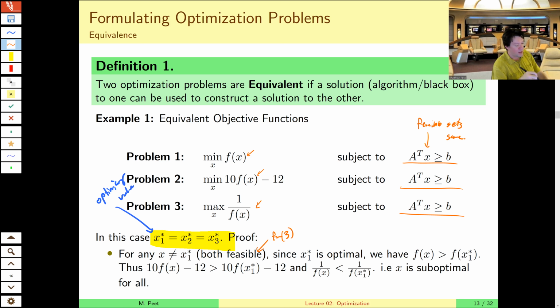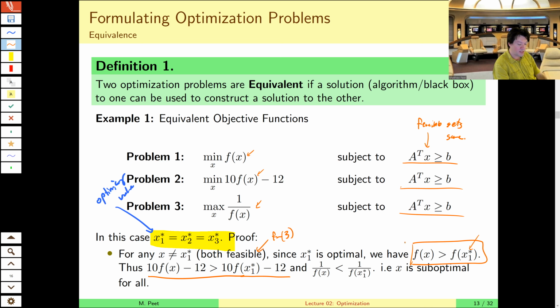Since x1 star is optimal for problem 1, any other value of x, also feasible, has to give a value greater than the value assigned to our optimizer. So f of x is greater than f of x star. Therefore, if we look at the objective of the second problem, 10 f of x has to be greater than 10 f of x star.